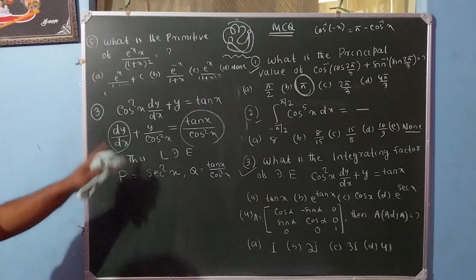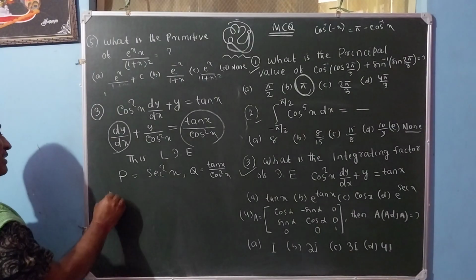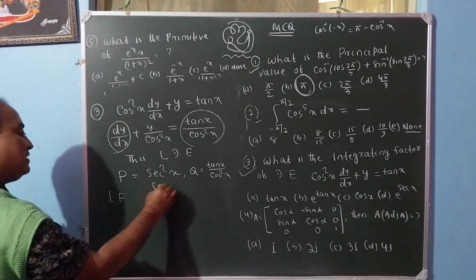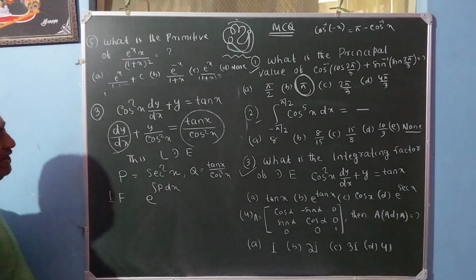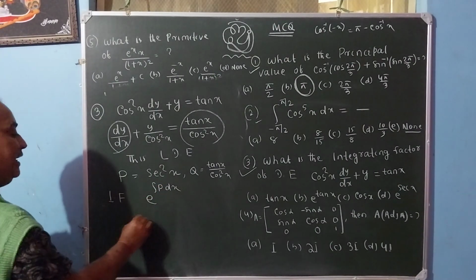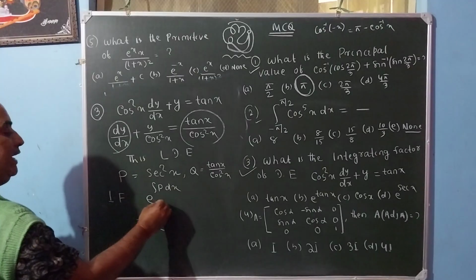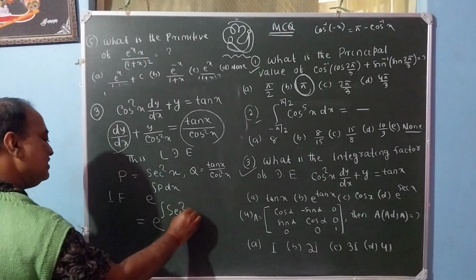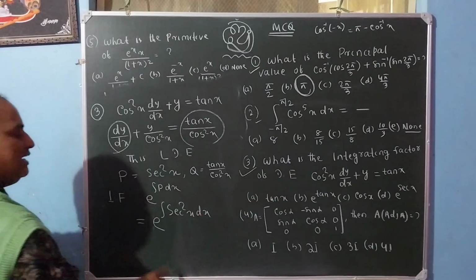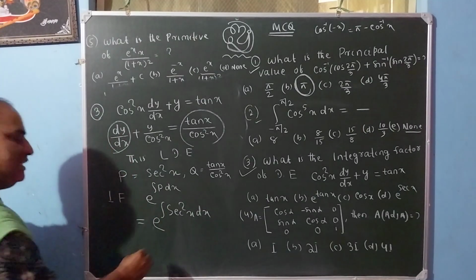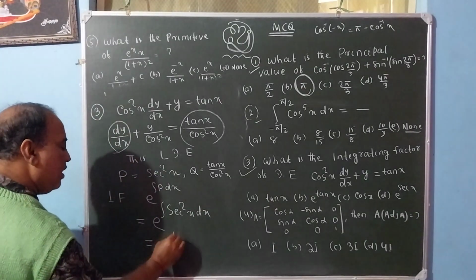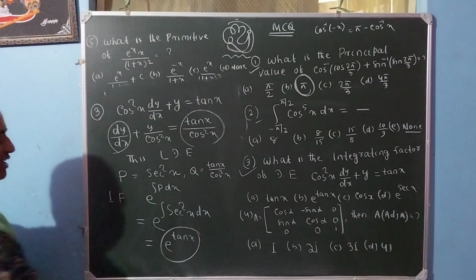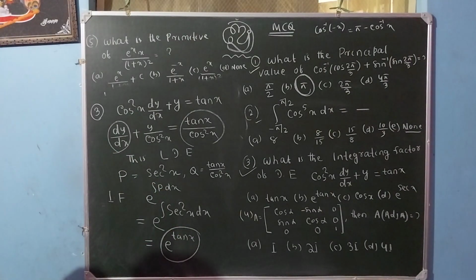When it is a linear differential equation, the integrating factor formula is IF is equal to e to the power integral of P dx. P means sec square x, so e to the power integral of sec square x dx. Integration of sec square x is tan x. The integrating factor is coming out e to the power tan x.